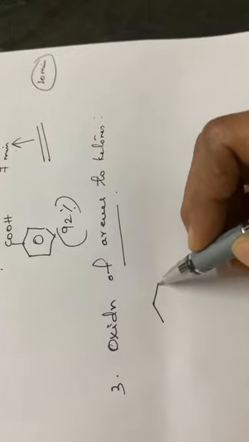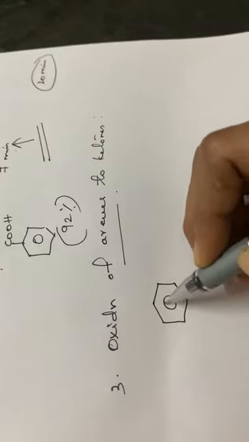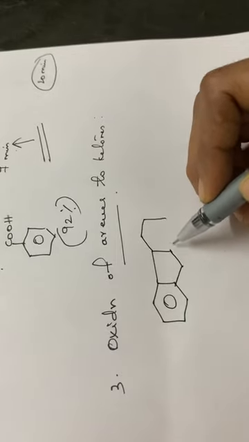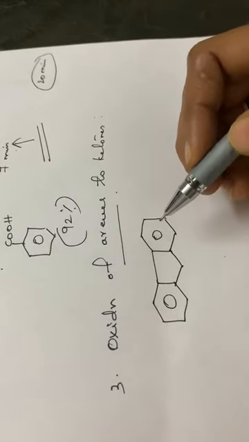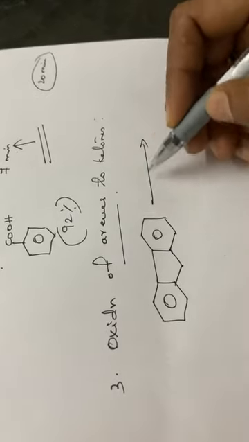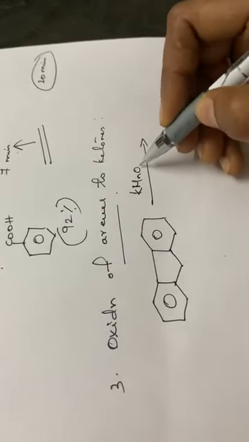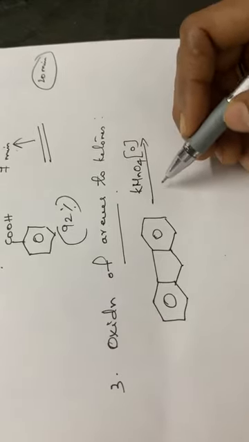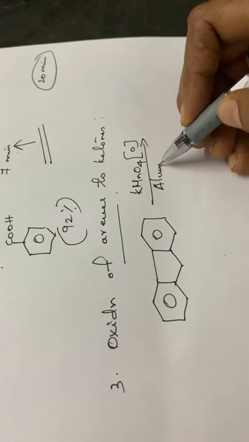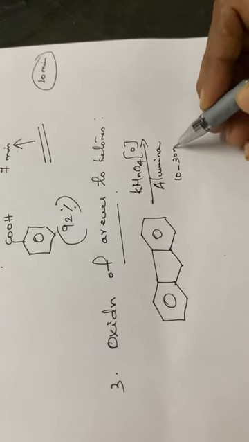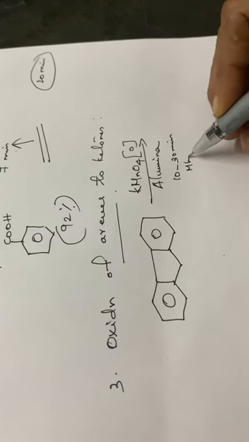Okay, so consider this particular compound: C6H5, then a 5-membered ring in between, two benzene rings. So this is an arene, and since it is an oxidation reaction, it will be carried out in the presence of KMnO4 on alumina, potassium permanganate on alumina. The time taken will be 10 to 30 minutes, microwave assisted synthesis.